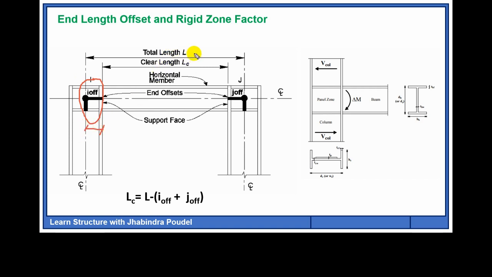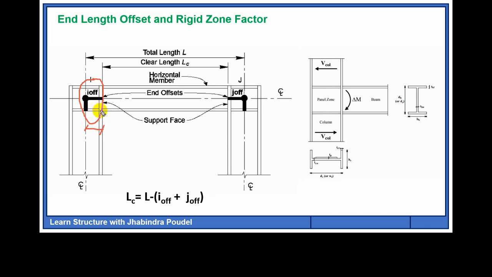Suppose this is the length of the beam connecting to the column, and the overlap is called the I offset, or offset at node I, and this is the in-length offset of the structural members. This overlap is the in-length offset connecting the beams and columns.